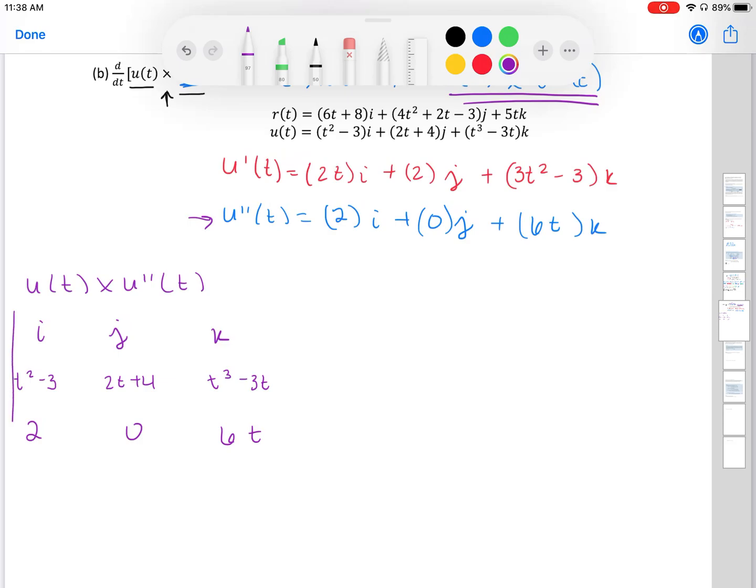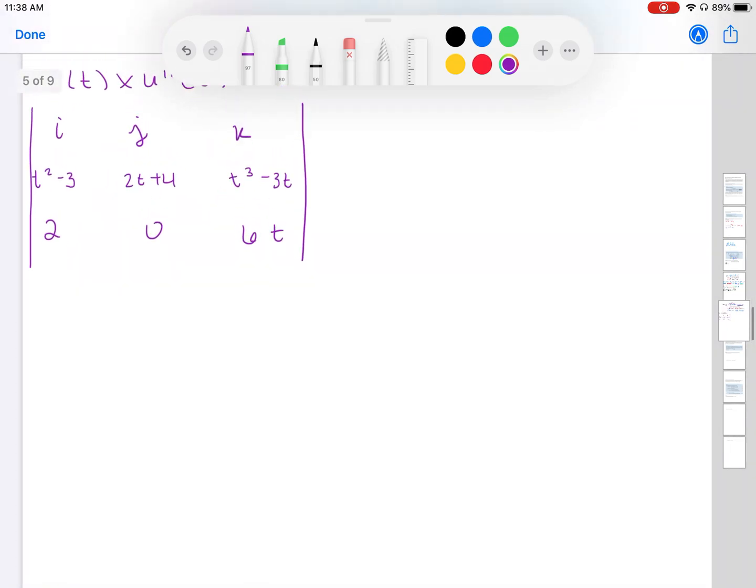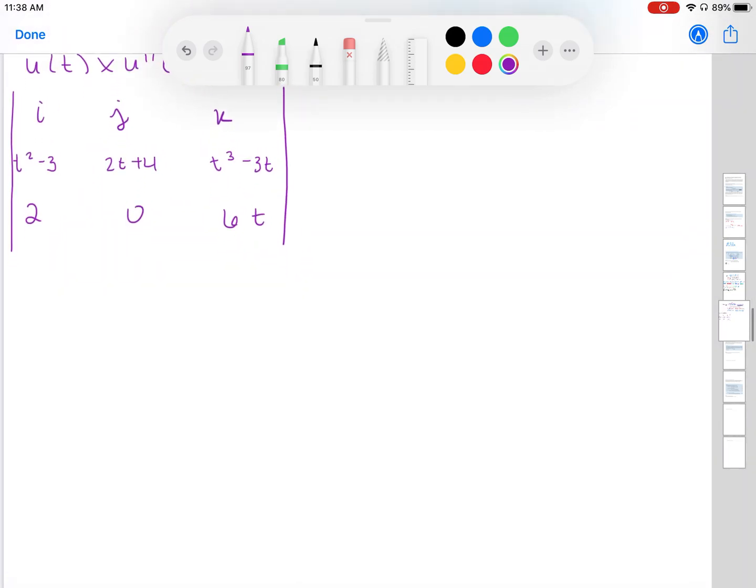Let's go ahead and find the cross product. I always make mistakes with cross products, so I like to write it vertically. So the cross product of i would be, so we block those, we have 2t plus 4, t cubed minus 3t, and 0 and 6t.